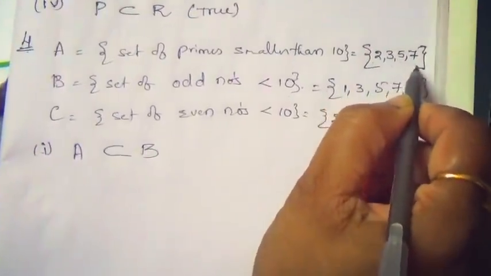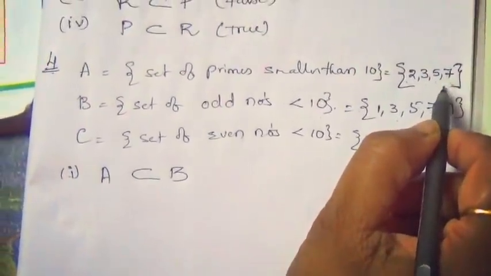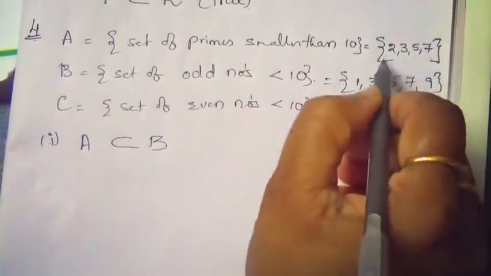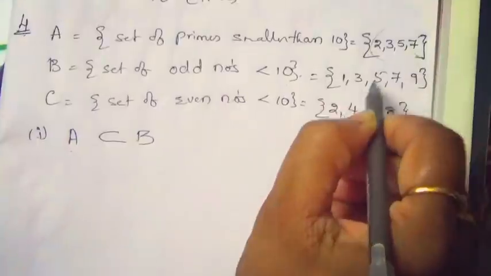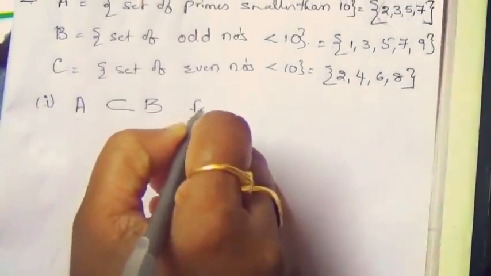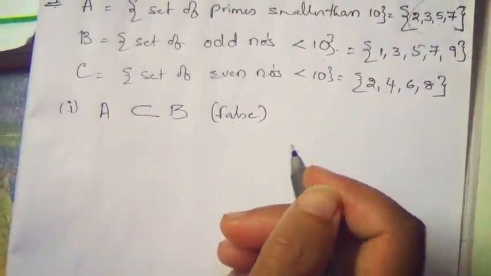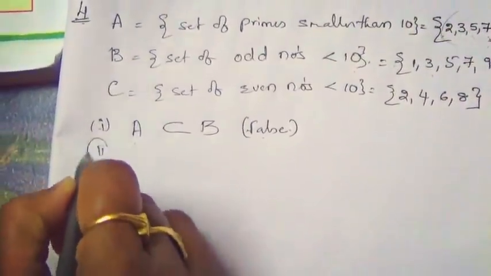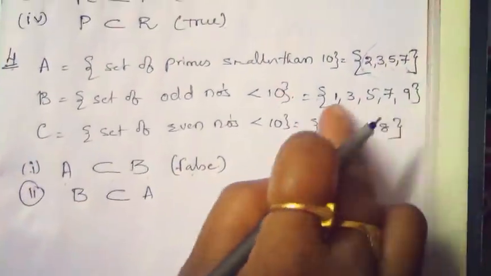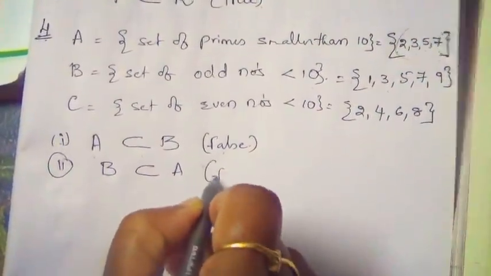Do all the elements of A belong to B? No. So it is false. Okay, so the second one, that is B is a subset of A. Do all the elements of B belong to A? No. It is also a false statement.